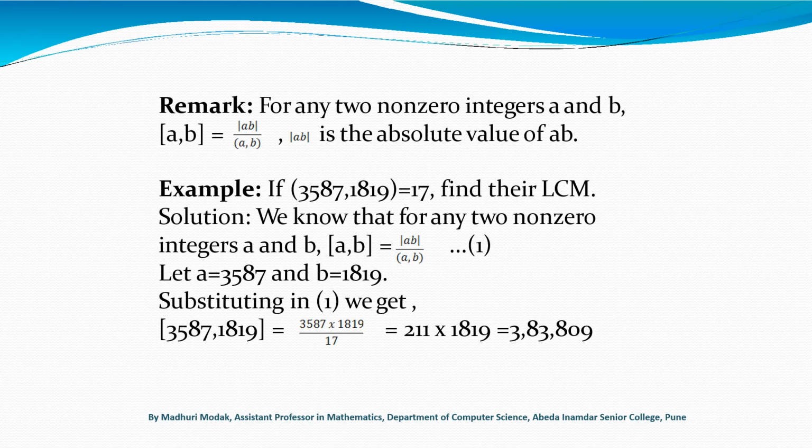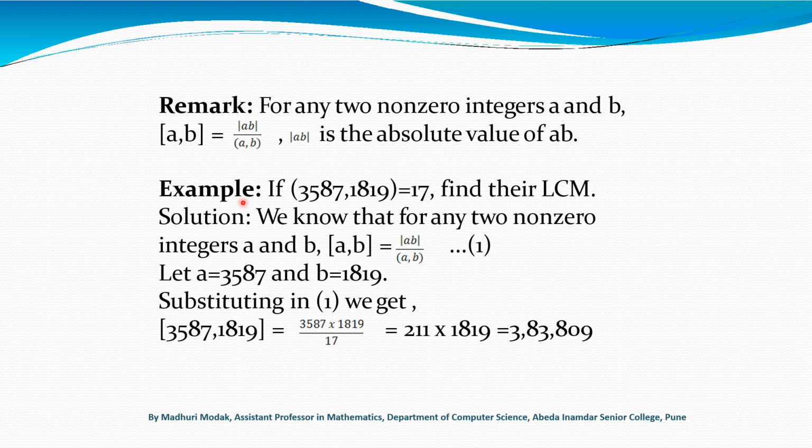Now, what is the relation between LCM, GCD and given non-zero integers a and b? The relation is that for any non-zero integers a and b, LCM of a, b is equal to mod of ab upon GCD of a comma b. Here mod ab is nothing but the absolute value of a into b.